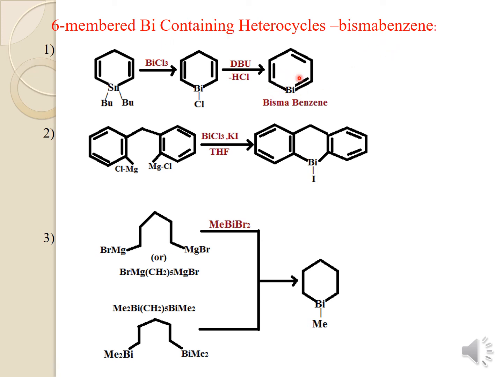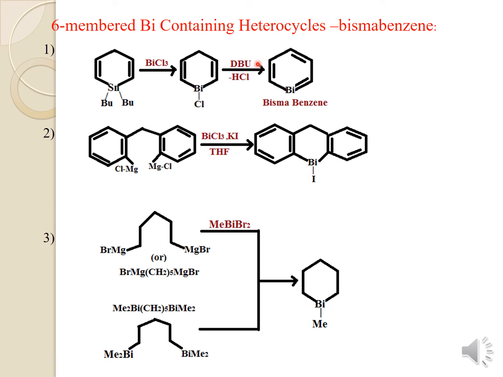This is your bismabenzene. Here we are taking the tin-substituted dibutyl complex, this aromatic complex. When this is treated with bismuth trichloride, the tin dibutyl goes away with the chloride substituent, and you result in the bismuth chloride here.